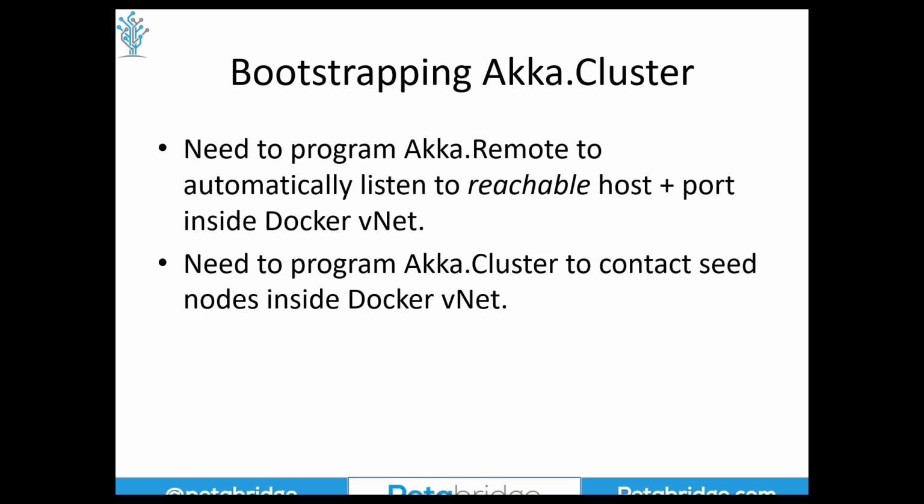And then it also needs to figure out what seed nodes it's going to contact inside the Docker virtual network in order to form the cluster initially. We need to essentially arm our application with the ability to determine these things at runtime without us having to manually provide configuration updates every time we do a deployment. That would really hinder the ability for Akka.Cluster to do one of the things it does really well, which is scale up and scale down automatically and provide developers with a really high degree of elasticity. That's why it's important to be able to do this programmatically.